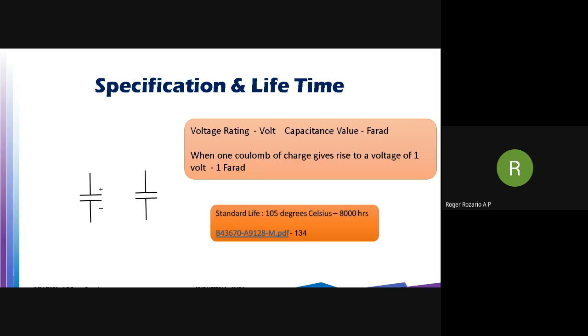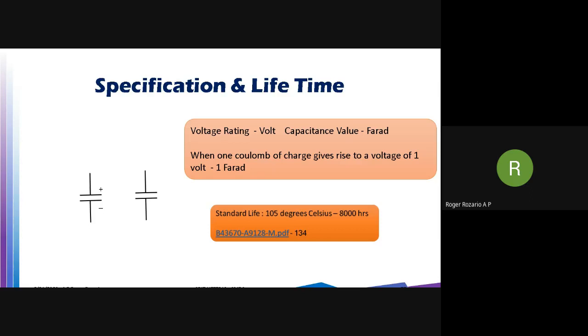So when 1 coulomb of charge gives rise to a voltage of 1 volt, it is called 1 farad. C is nothing but Q by V. When 1 coulomb of charge present between the two terminals of the capacitor gives rise to a voltage of 1 volt, it is said to have a capacitance value of 1 farad.